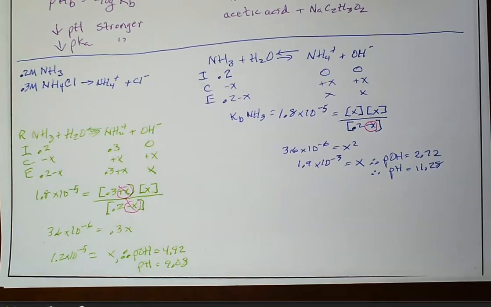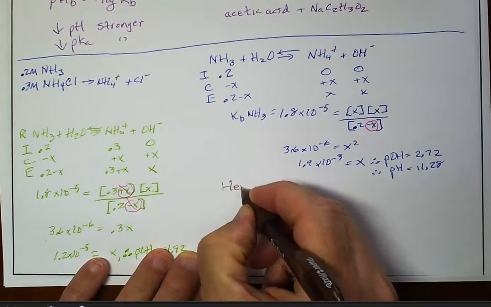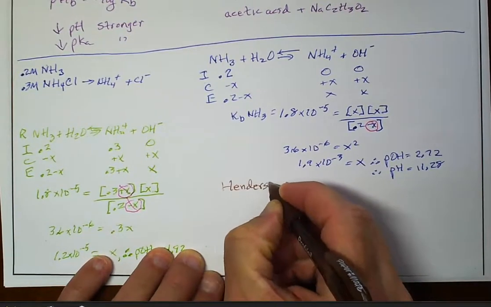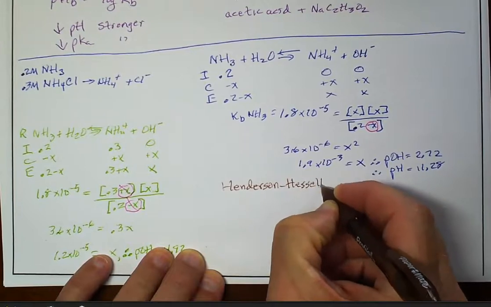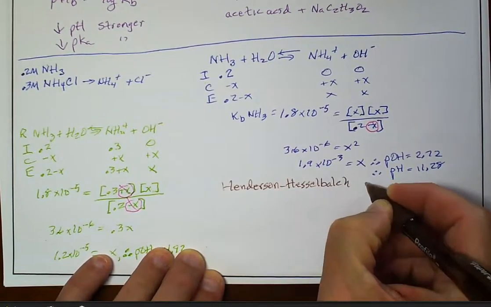All right, so we already knew how to do that. But for buffers, there's actually a shortcut. And that shortcut involves something called the Henderson-Hasselbalch equation.